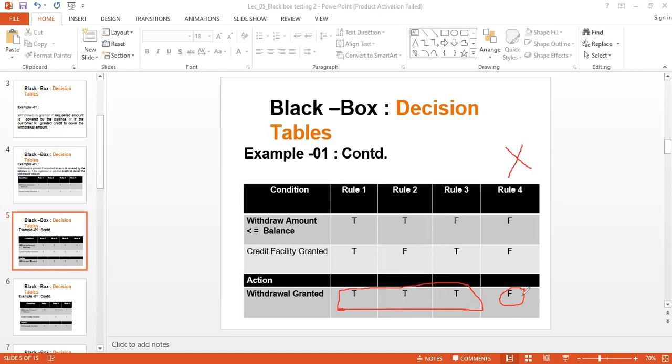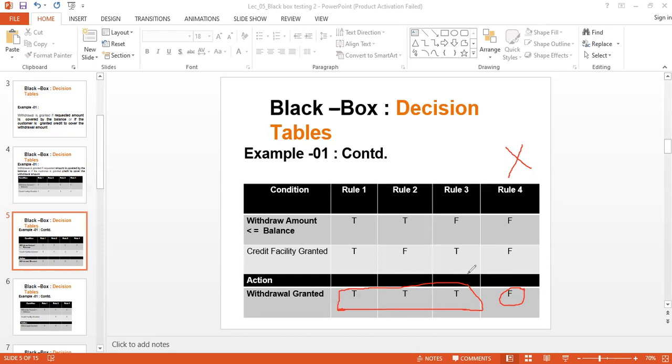That is the only action where I can get a negative result, so that should be tested. But I can have 3 different cases where the withdrawal granted action is true. Withdrawal can be done.